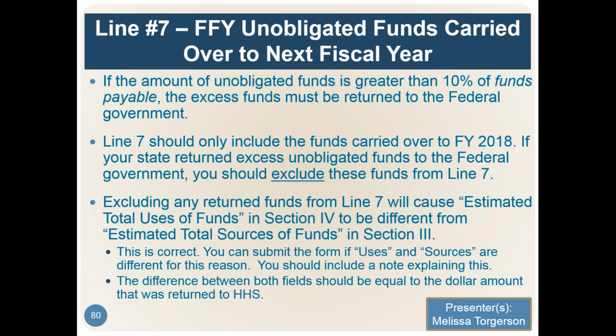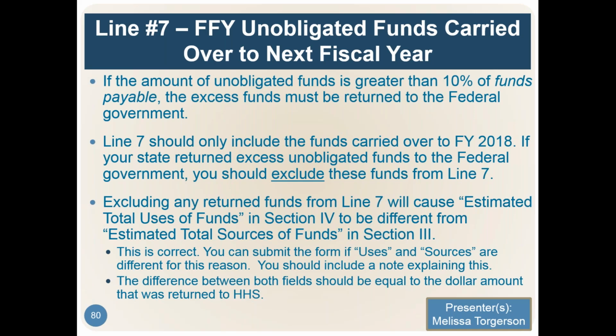So let's say that your state, you realize at the end of 2018 that you actually didn't obligate 15% of your funds. And you know that you're going to keep 10% because you're allowed that, but you're going to have to return that 5% back to HHS.